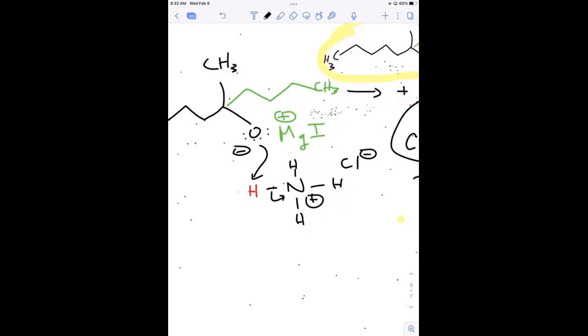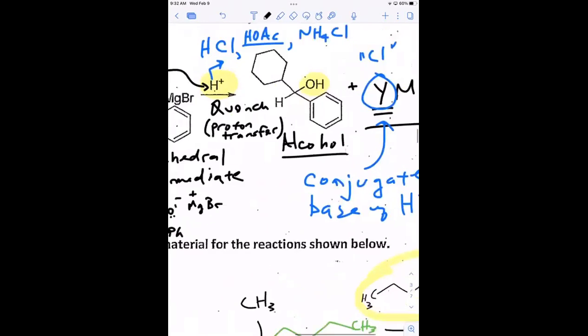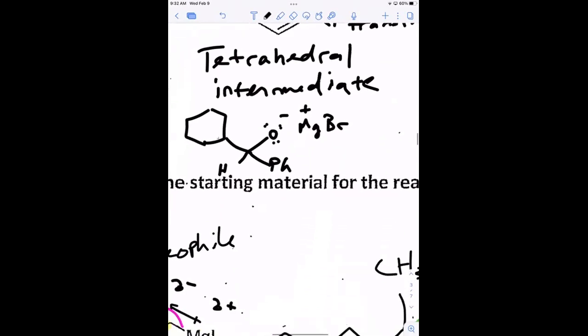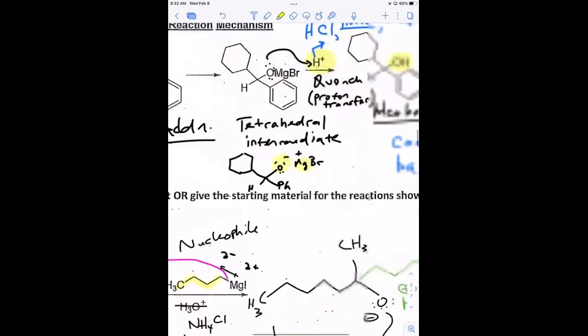The way I have it written up here, it looks like it's covalent, but it's not covalent. It's actually an ionic attraction. So the oxygen is negative, and the magnesium is positive. Does that answer your question? Okay. All right.